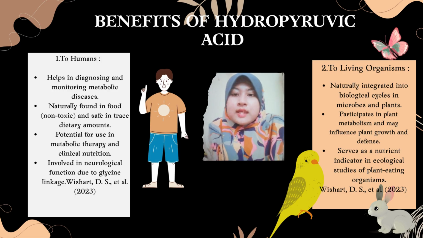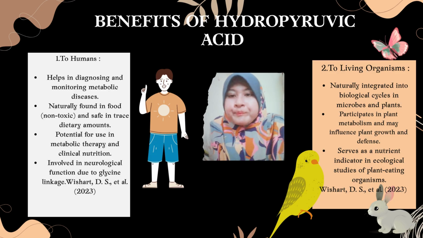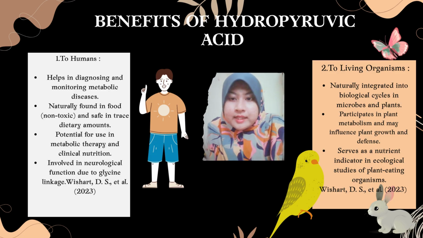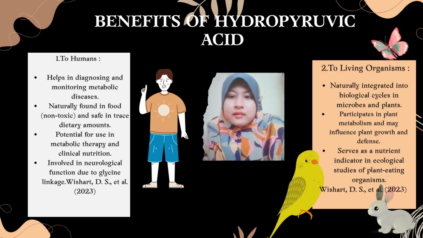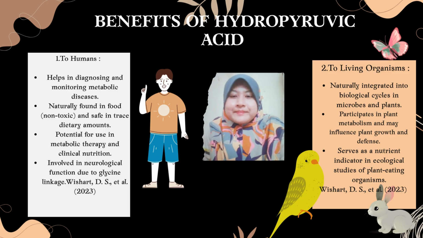The second one is to living organisms. It's naturally integrated into biological cycles in microbes and plants. It also participates in plant metabolism and may influence plant growth and defense. And it also serves as a nutrient indicator in ecological studies of plant-eating organisms.